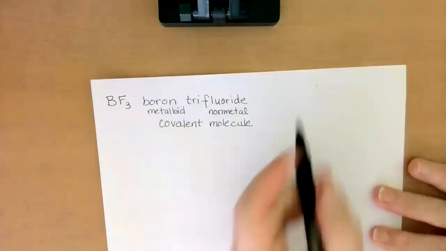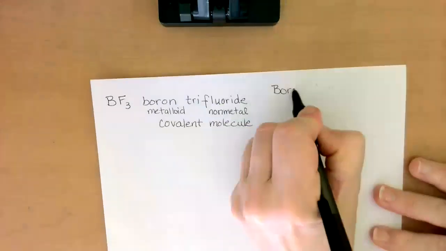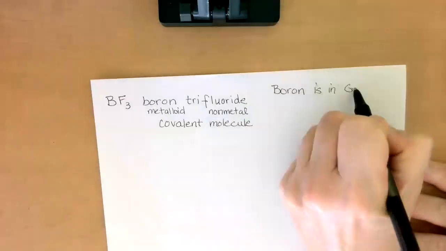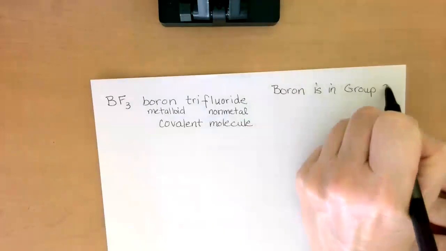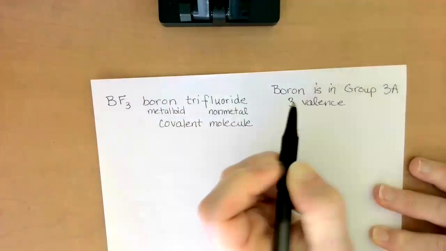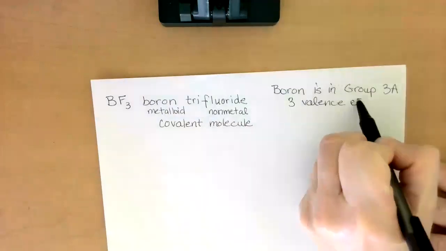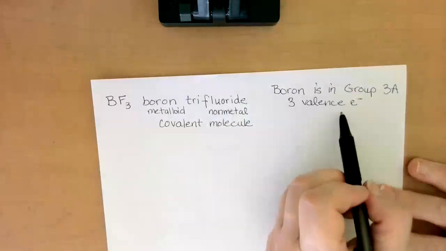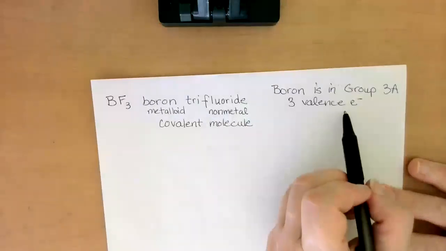The boron is in group 3A. This is the 13th column in the periodic table, but it gets simplified to 3A. That means that he has 3 valence electrons. Boron is an exception to the rule. At this level of understanding, boron will never have a total of 8 valence electrons.